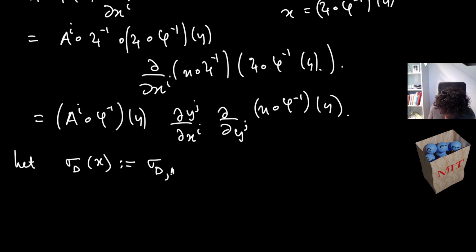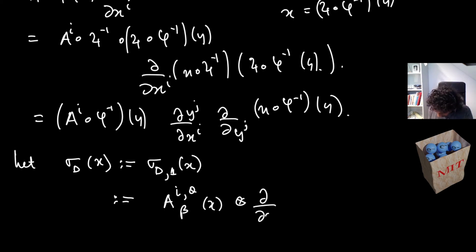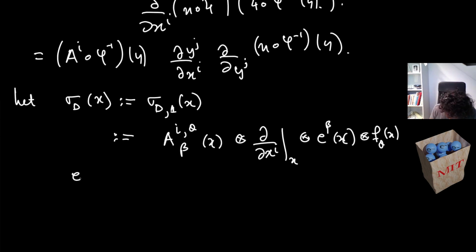So d of 1 at x, I'm going to define this to be equal to a_i theta beta at x tensor d on dx_i restricted to x tensor e^beta at x tensor f_theta at x. So here my e^beta at x is the dual bases, the induced dual bases.